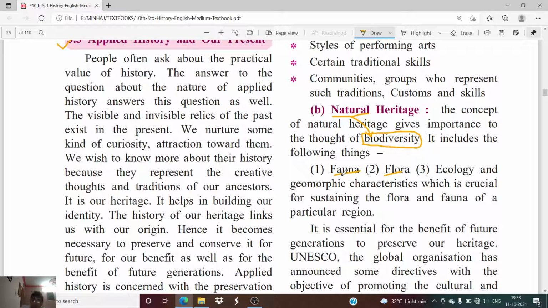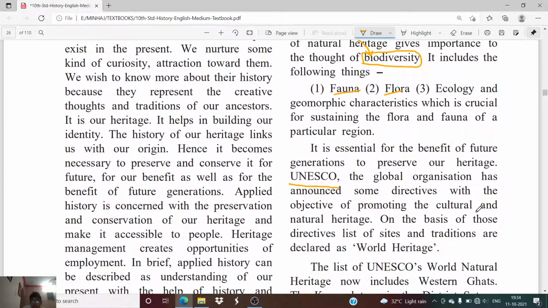So there is one very big and very famous organization, that is UNESCO, United Nations Educational, Social and Cultural Organization. It is the global organization which has announced some directives with the objective of promoting the cultural and natural heritage. So this organization looks after the natural and cultural heritage of the world. It aims to preserve all this heritage.